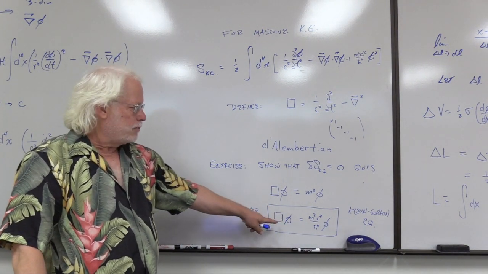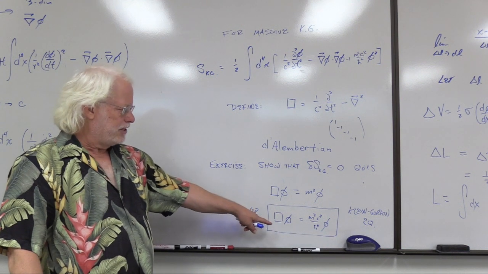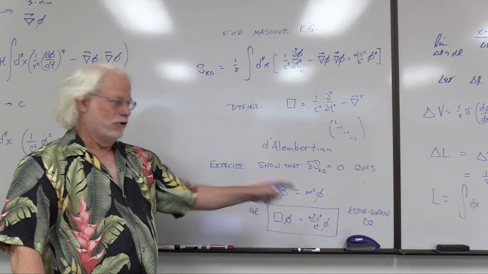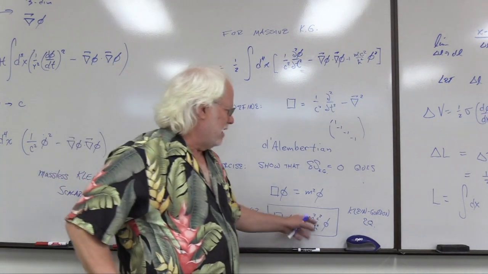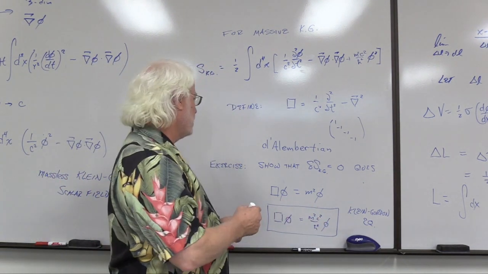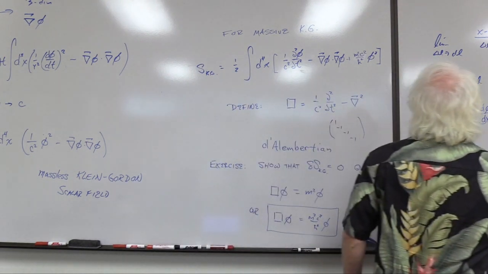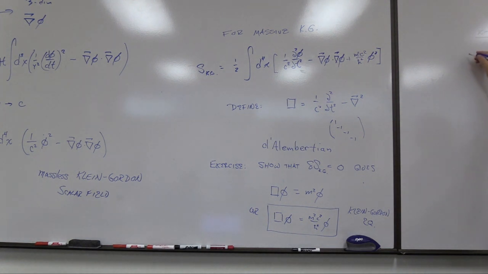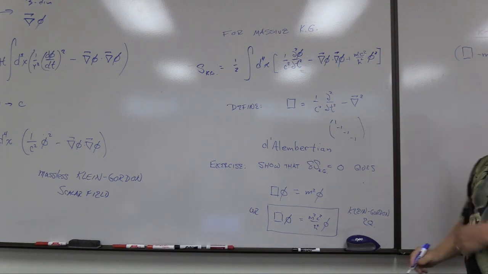Maxwell's equations, if you choose the gauge right, give you four copies of this equation, right? With zero mass. And instead, you'd have a source over here. You can have a source for the Klein-Gordon equation too. If you wanted to do the Klein-Gordon equation with a source, you would add an additional term to the action that would give you basically box minus m squared acting on phi is some source j.